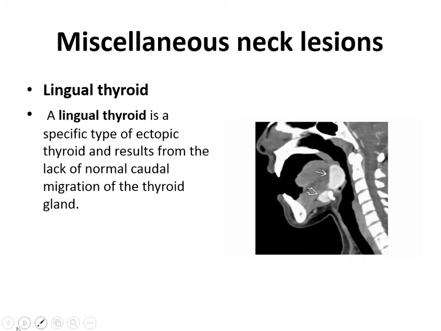Because this might be the only thyroid the patient has. Sometimes you don't see any thyroid in the thyroid bed. So if the surgeon removes it, he will end up with hypothyroidism. If there is no normal thyroid in the thyroid bed, they remove it and re-implant it somewhere else. Yes. Okay.